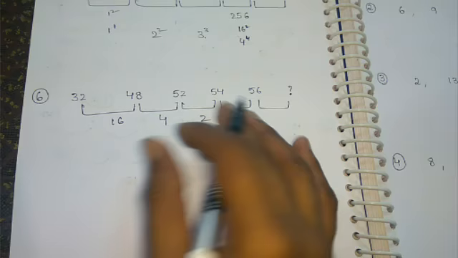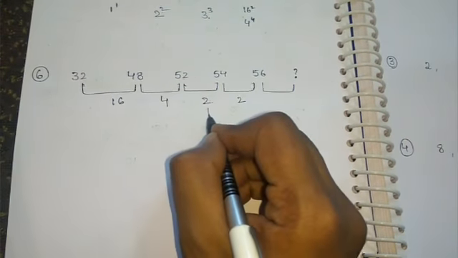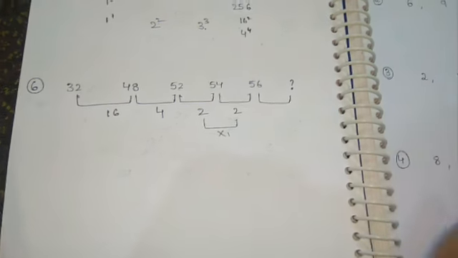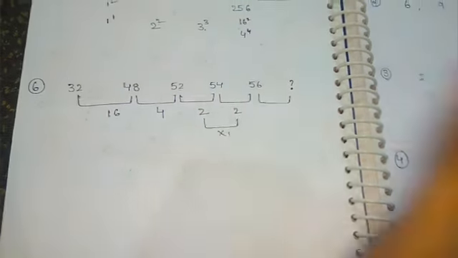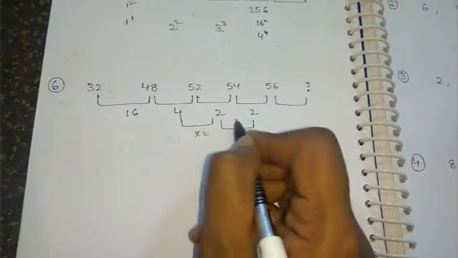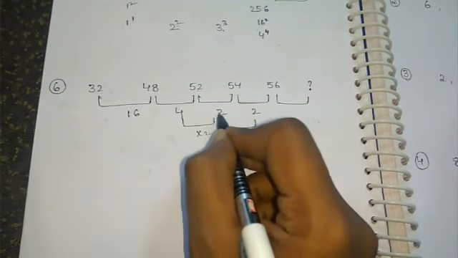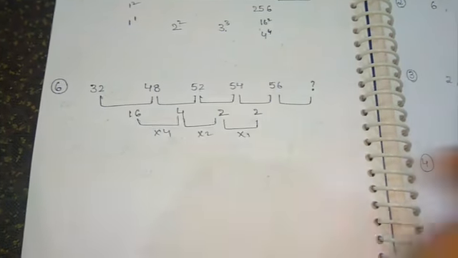So see here, sometimes it happens that 2 into 1 is 2. Okay. Yeah, so we got some logic there. 2 into 1 is 2. And 2 into 2 is 4. So it is going in the reverse order. 2 into 1, 2. 2 into 2, 4. 4 into 4 is 16.